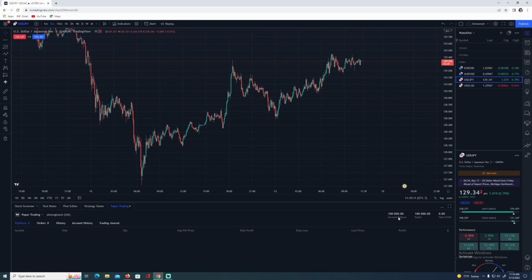Now we have an account with $100,000, and this is exactly how your account is going to look when you start trading once you have real funds. But instead of this symbol over here being paper trading, it might say Forex.com or Oanda, whatever broker you're using, that'll be the name there. And here will be your name, the name that you have under that account. But this will look the same.